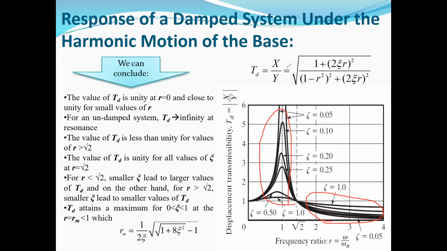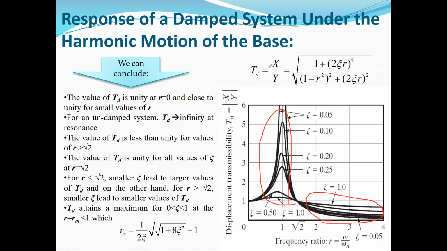For example, when you deal with an energy harvesting system, assume that in one of our projects, one of my students, we are designing a vibrating system to harvest the energy from the ocean waves. In this case, we need to increase the amplitude of the response.